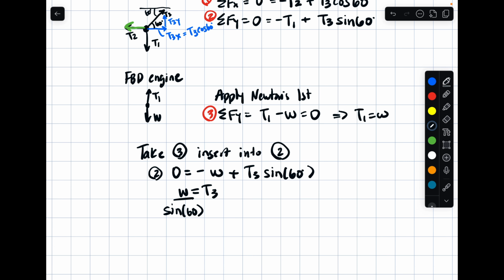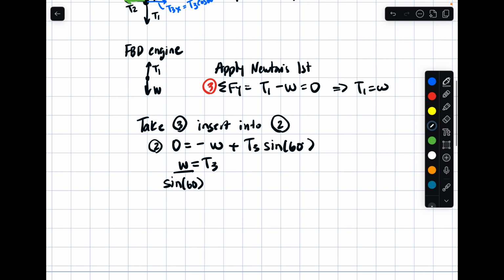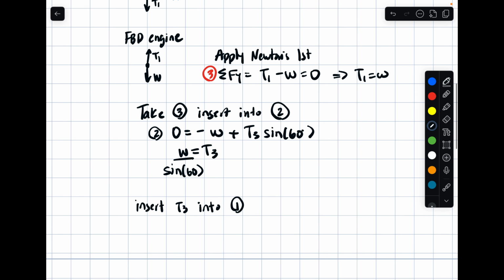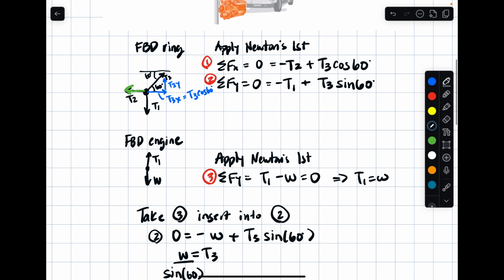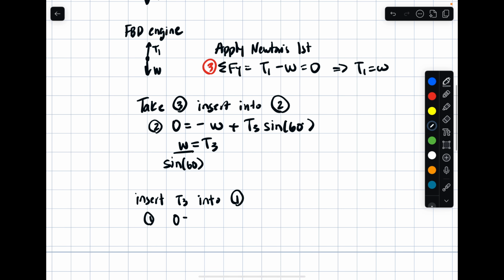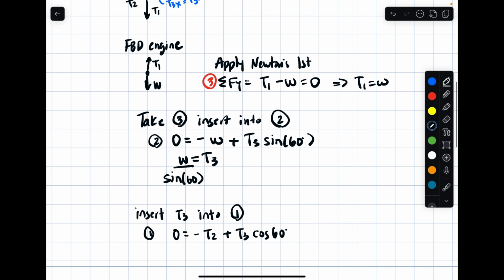So now all we need to do is find T2. So now that we know this is T3, we can insert T3 into equation 1. So equation 1 states that 0 equals negative T2 plus T3 cosine 60.